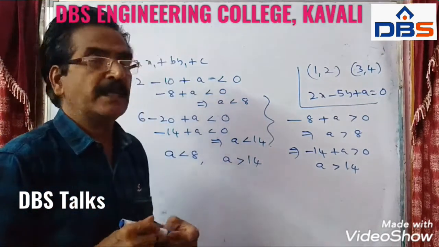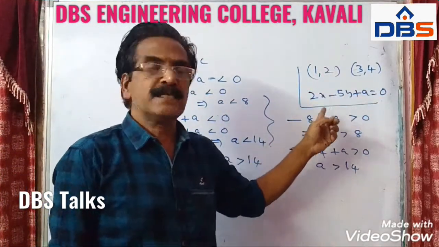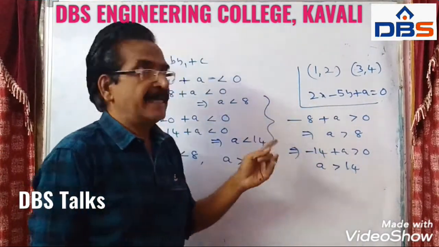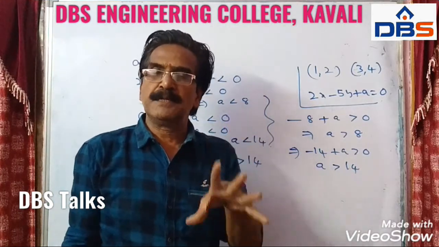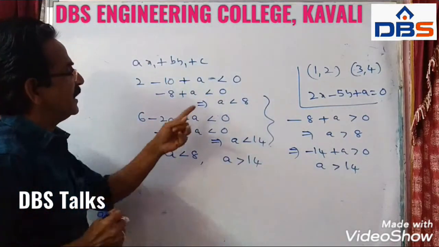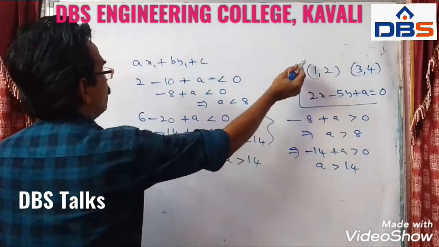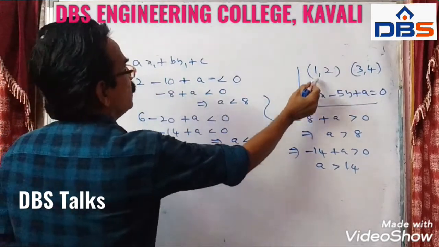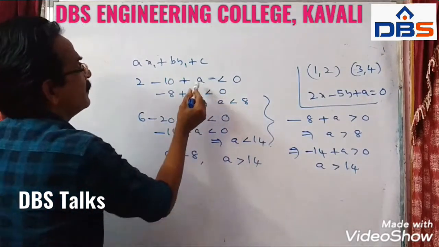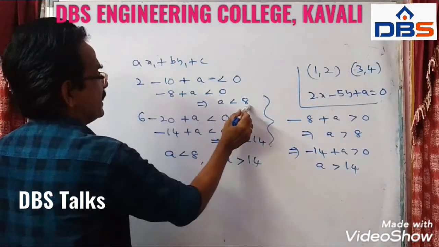Friends, I tell you once again, see. These are the points. The problem says these two points lie on the same side. If the two points lie on the same side, then ax1 plus by1 plus c and ax2 plus by2 plus c must have either both negative sign or both positive sign. First, I have considered negative sign, both less than 0. 2 into 1 minus 5 into 2 minus 10 plus a is less than 0. So minus 8 plus a less than 0, a less than 8.